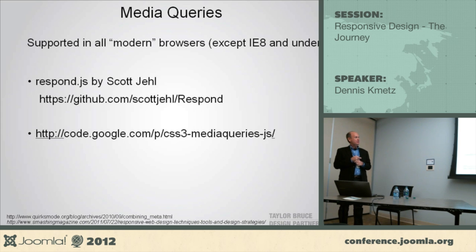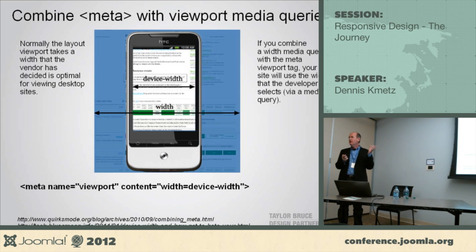So this is what I was talking about. When the iPhone first came out, Apple wanted you to see the entire web page, and the only way they could do that is they would make their device override your width statements. So you would see the entire page and you'd scroll through it, and that sort of became the accepted standard.